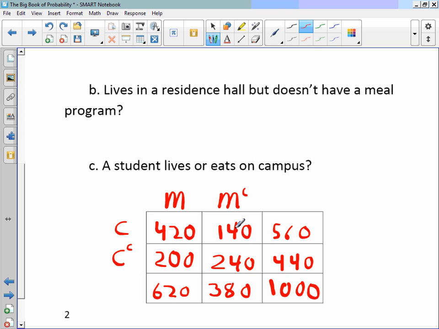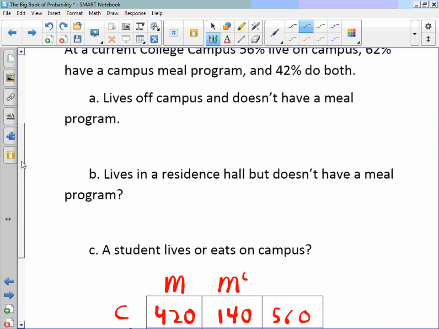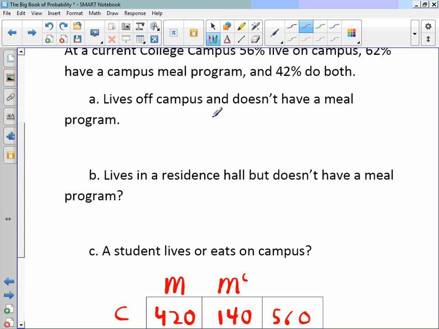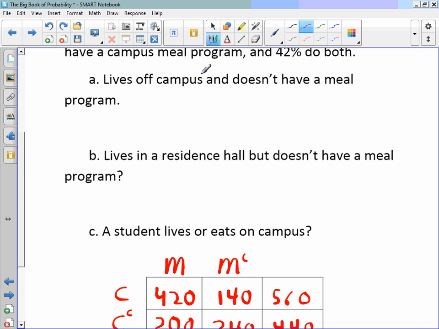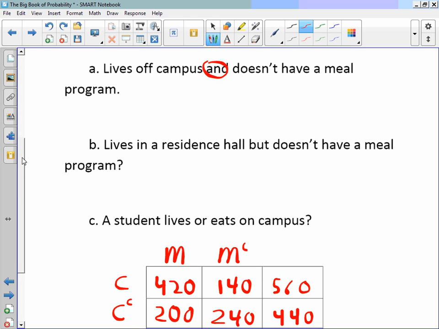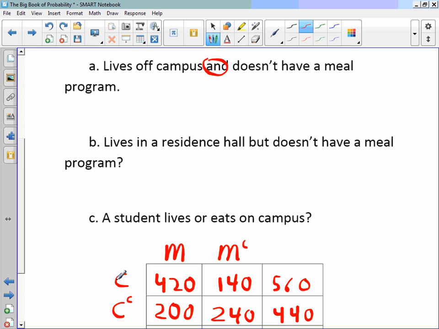You ready? What's the percent that lives off campus and doesn't have a meal program? Now, this is an "and" statement. So they live off campus, so live off campus is going to be this row, and doesn't have a meal program. Now remember, "and" is the intersection. Where do they meet?